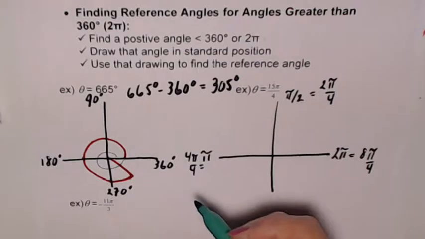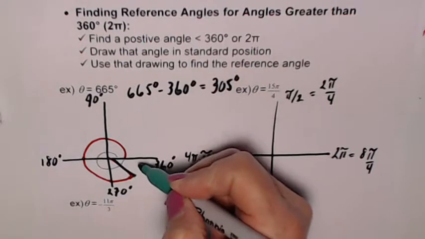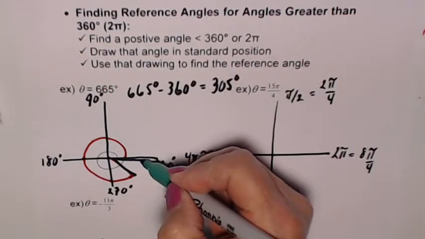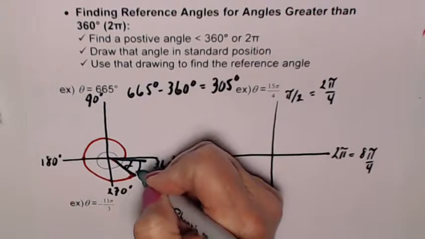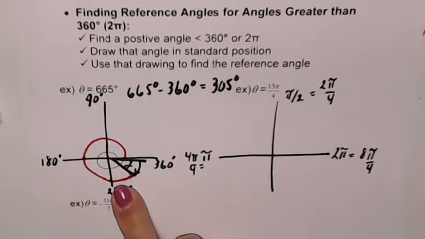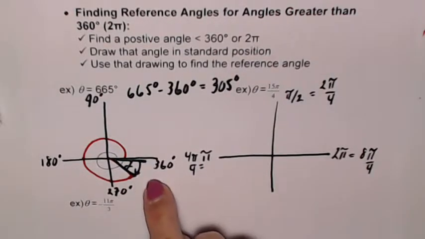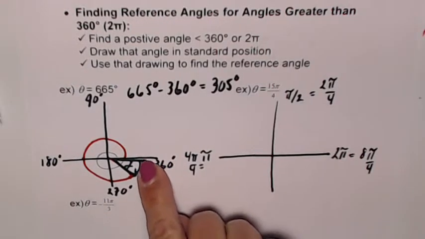So the reference angle is between the terminal side of our angle and the x-axis. So this here is going to be our alpha, that angle in there. How do we find this? Similar to what we did before. We know that this is 360 and this piece here.